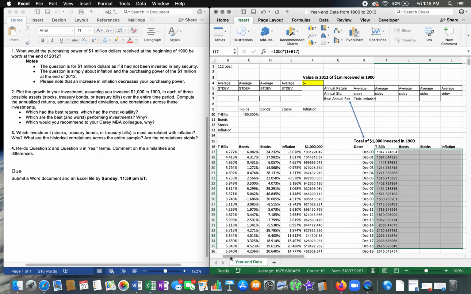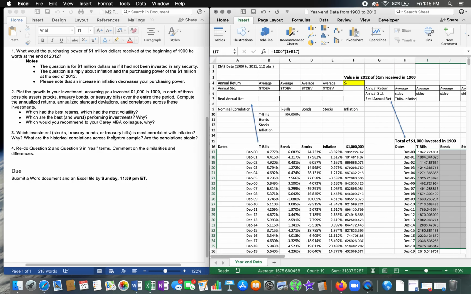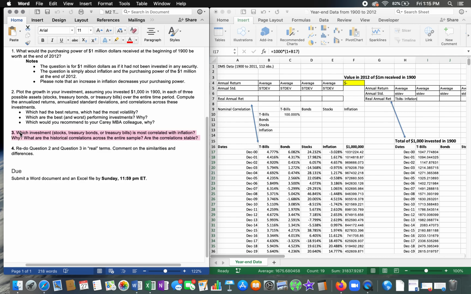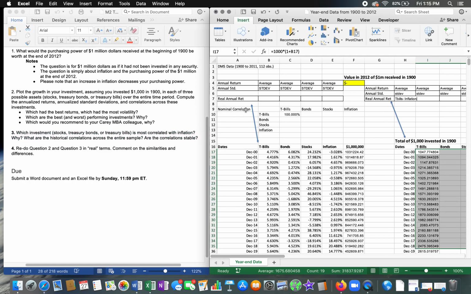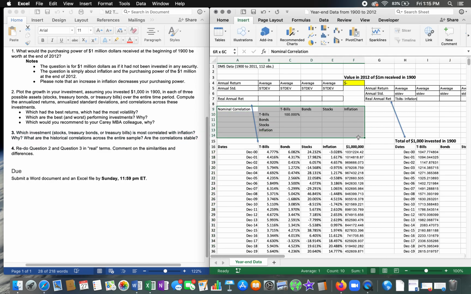Let's see, question 3. So this is all about correlation. Which investment is most correlated with inflation and why? What are the historical correlations across the entire sample? Are they stable? So for this question, we will come back to our correlation over here in Excel, and then we'll see which one's most correlated with inflation and which one is not.